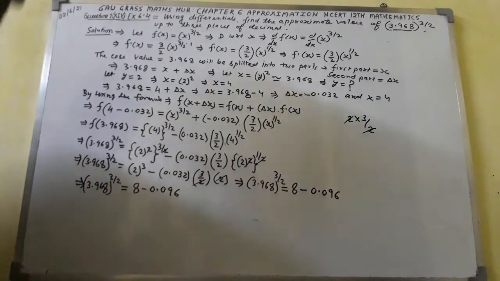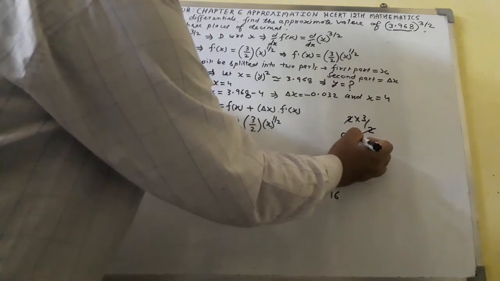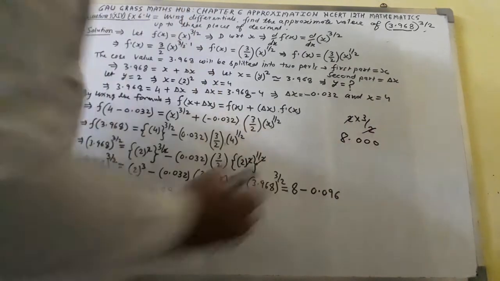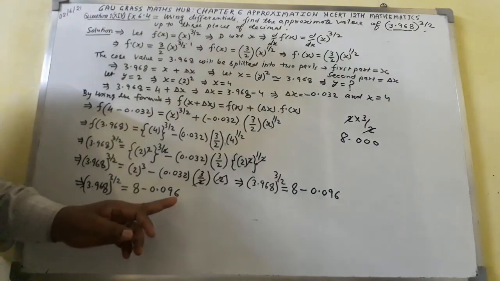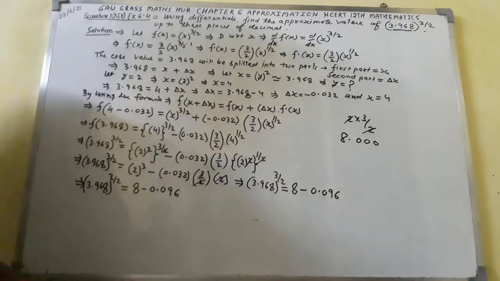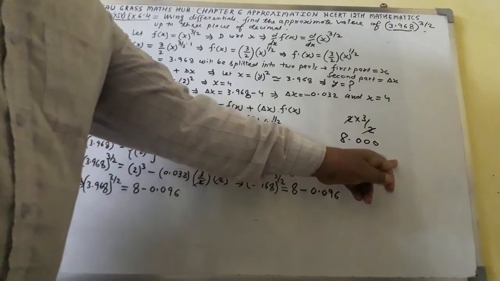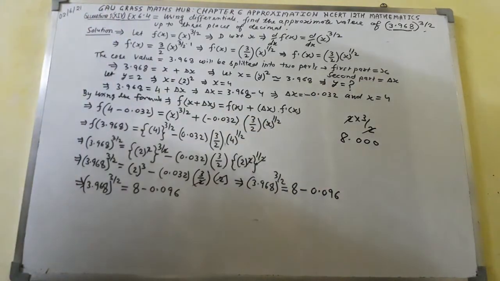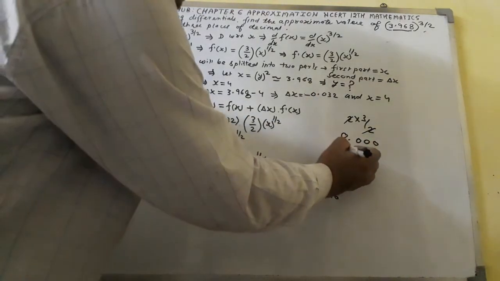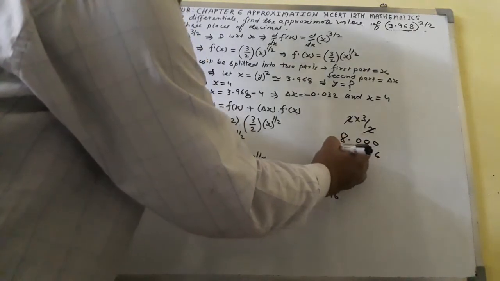Do the operation here in rough work. Here I shall write 8.000. After the decimal 3 digits are available, so after the decimal I shall write 3 zeros. Here again I shall write 0.096. Do the operation here, minus.